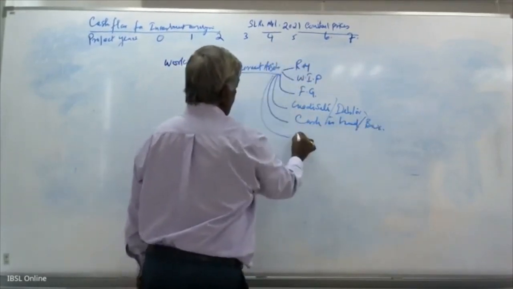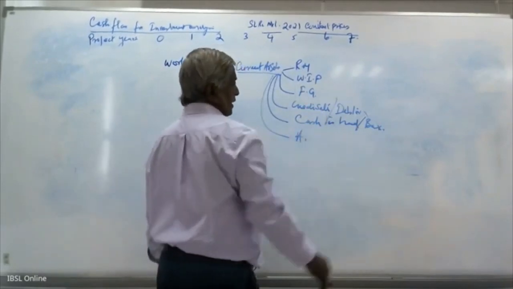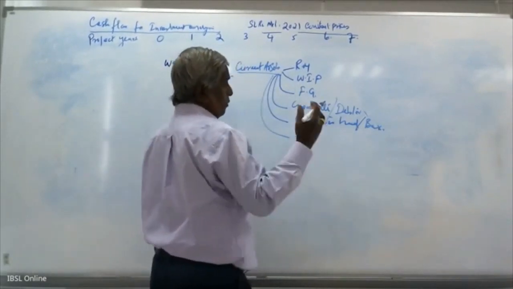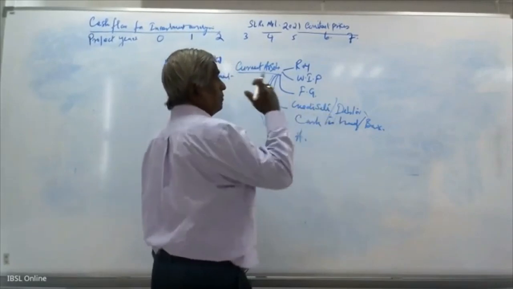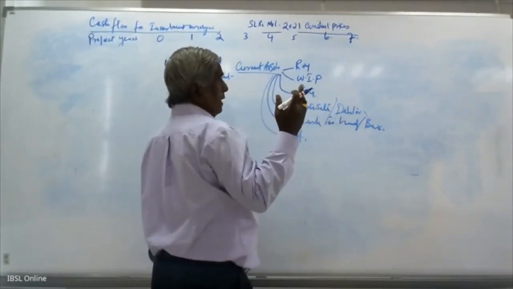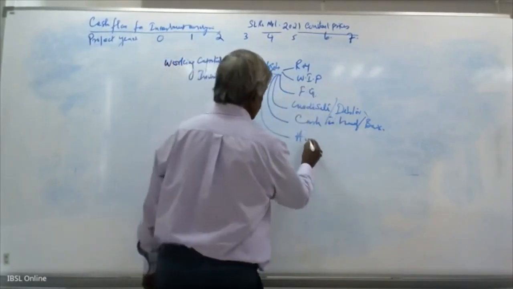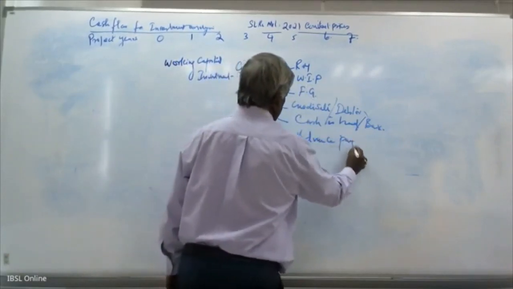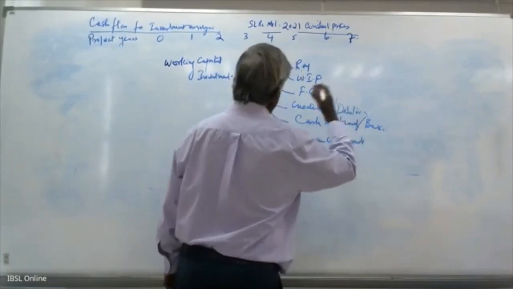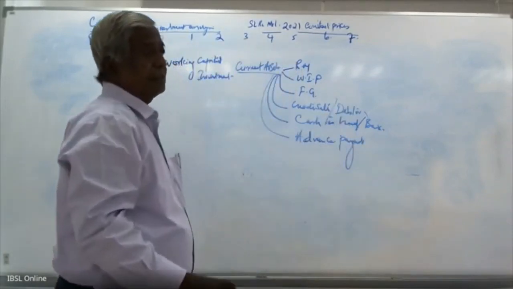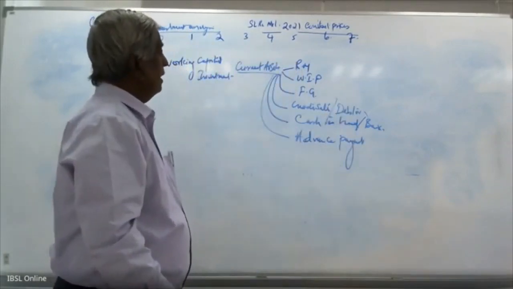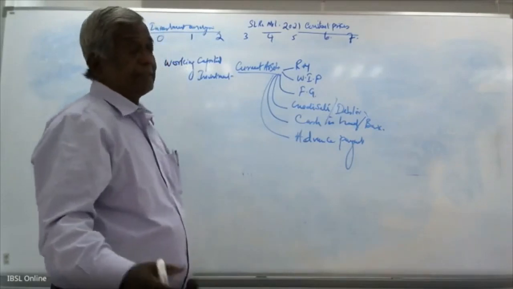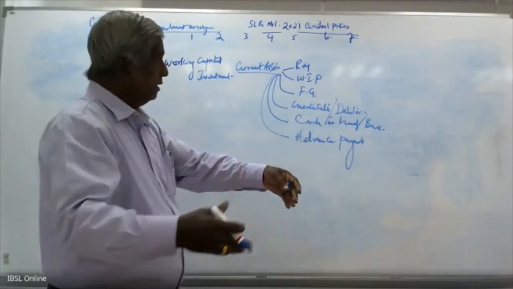And then advance payment. This is for the electricity bill, or maybe the water collection, or maybe some raw material suppliers may want some advance payment. So all these things, you are investing cash to purchase the raw material and so on. Cash is tied up in these current assets.